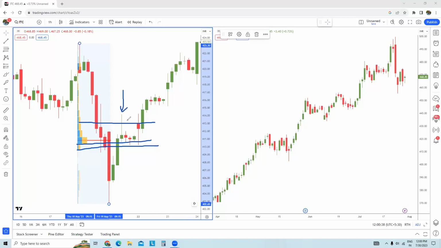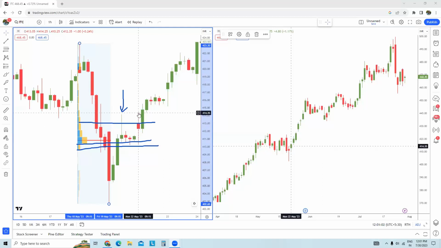In this candle, you can see an inverted hammer, because ITC from this level of 411 tried to rally till 414.30, but price could not close above this because there was a fair bit of resistance over here, as a fair bit of volumes had been generated here. Once again, you can see price opened at 413 the next day.